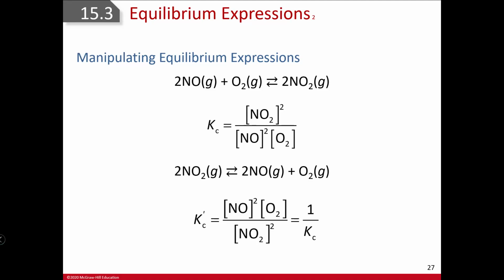So whatever the multiplier is here, that's what you're going to raise the equilibrium constant, or the equilibrium expression, to. So that's tool number 1. You double the reaction, you square the equilibrium constant. You triple the reaction, you cube the equilibrium constant. So it's not multiply, it's a power of.